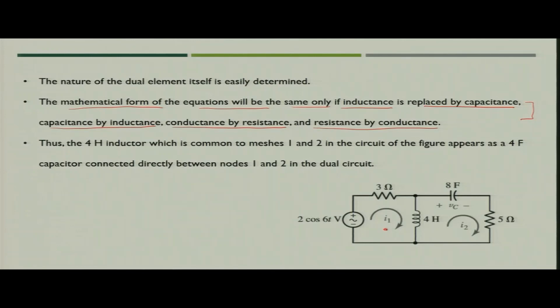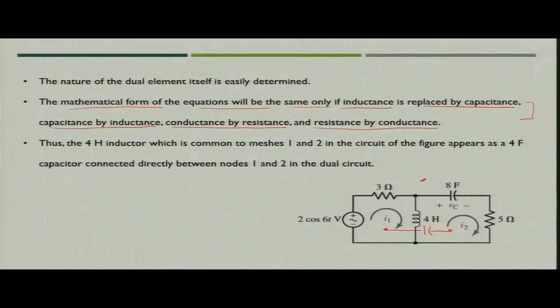You have already identified that this will be the capacitance, so you will make a capacitor. Now, the 3 ohm resistance, 8 farad capacitor and 5 ohm resistance are only in their respective meshes. It means that in dual terms they will be connected only with respect to their nodes.